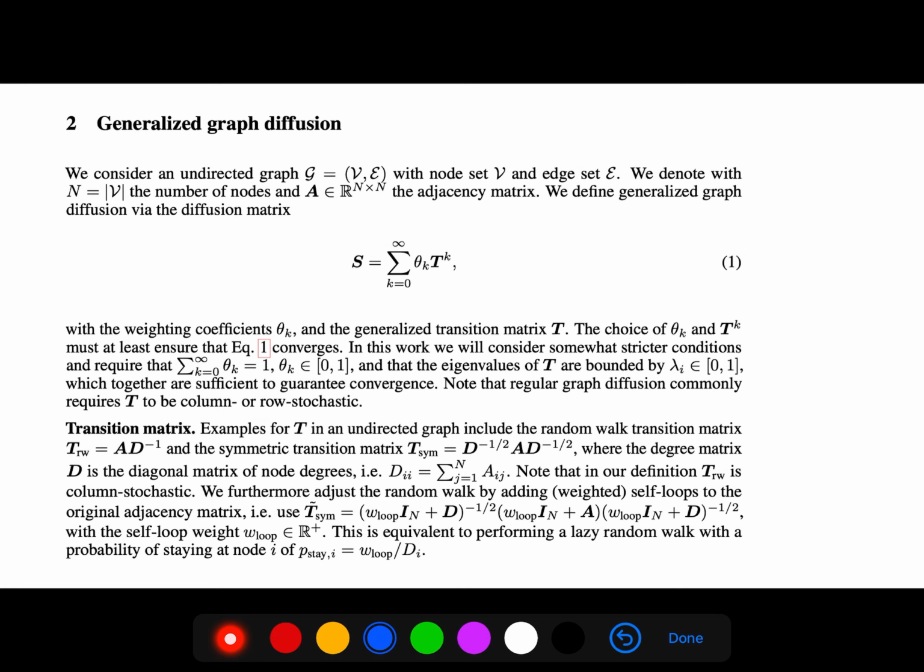So we define this generalized graph diffusion using this diffusion matrix. S is the generalized graph diffusion, and T is the generalized transition matrix.